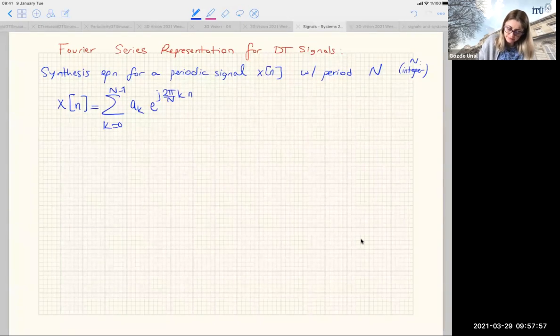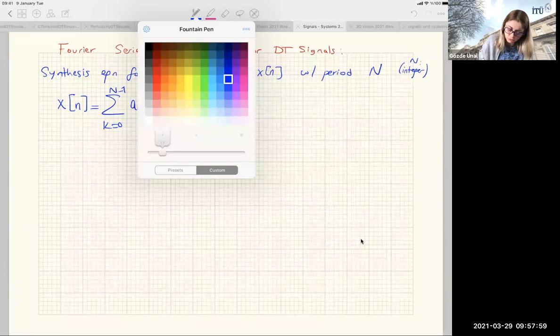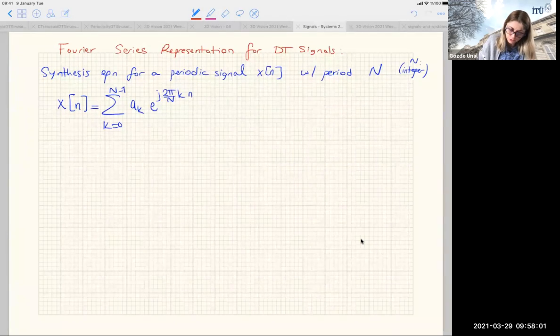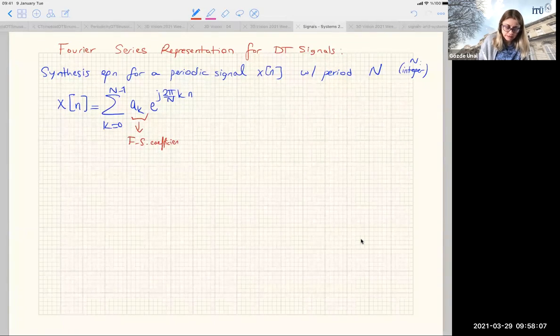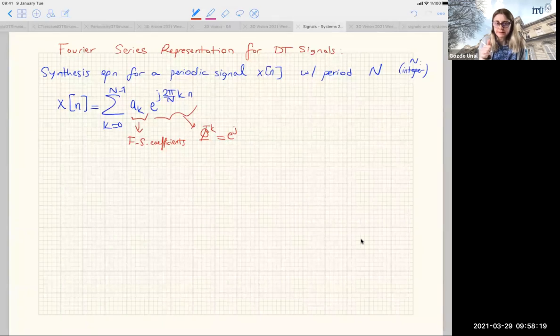So I think this should look somewhat familiar to you. These are my Fourier series coefficients, okay? And I have the basis function phi k, which is equal to e to the j. You see it's a family of basis functions indexed by k.